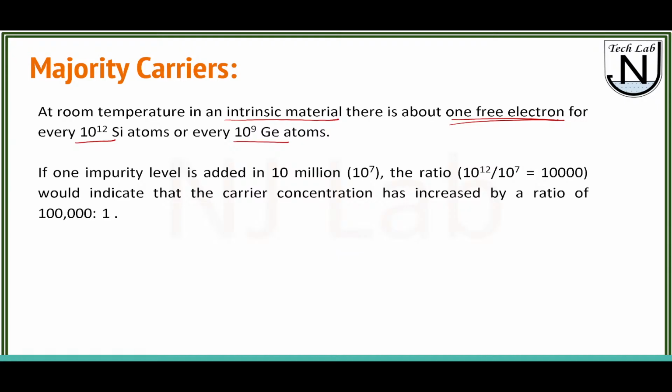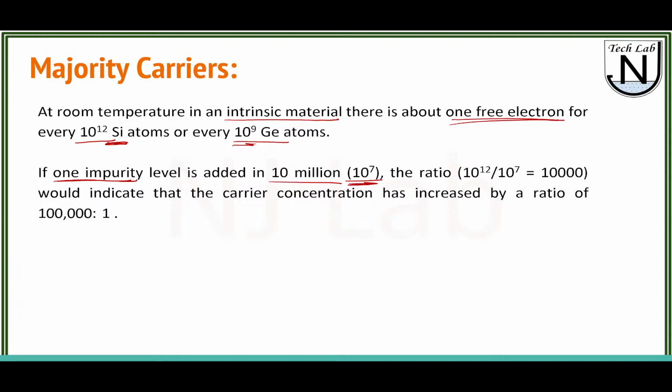Now, if we add just one impurity in 10 million, means one impurity in every 10 power 7 atoms of silicon or germanium, then what happened?